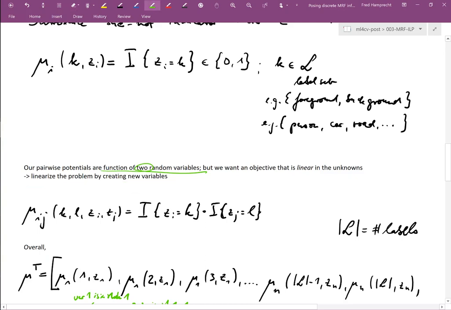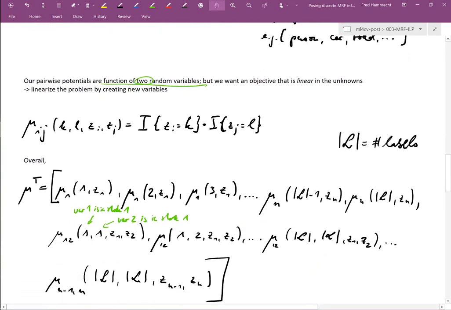So in particular, for these pairwise factors, one possibility is to do as follows.